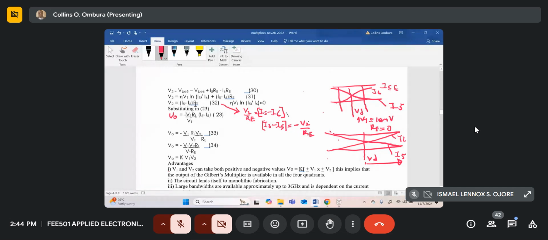From 32, we can just write that V2 divided by RL is I5 minus I6. Then the next step, what you want is I6 minus I5. So we can write that minus V2 over RL is I6 minus I5. So that is what I've substituted in 23 to get V naught in terms of this.